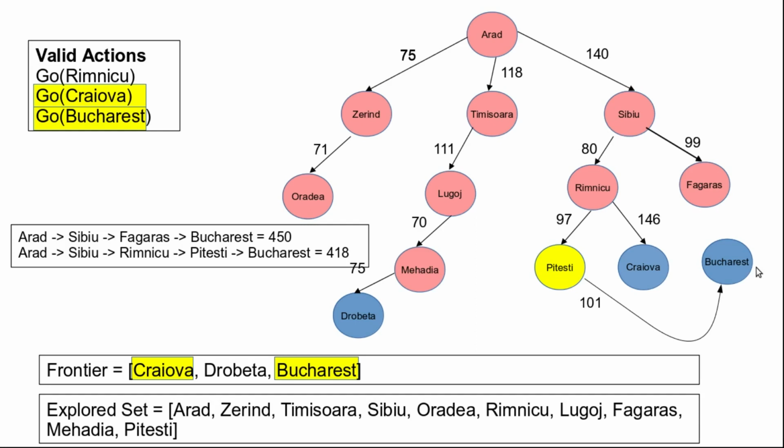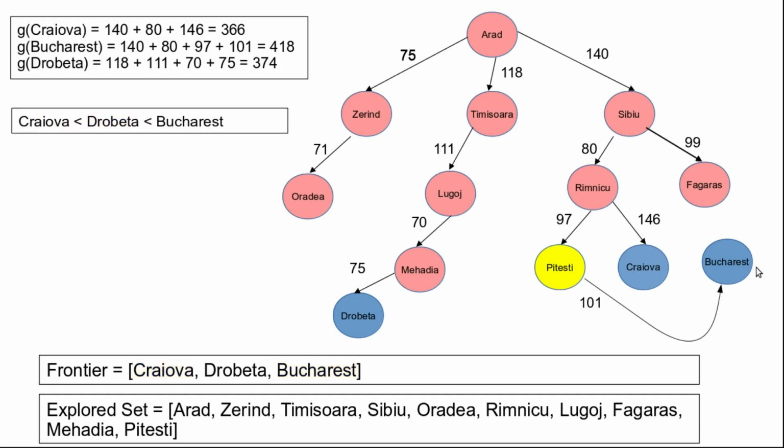So now we have to calculate the G values for the nodes in the frontier list, and the G values are 366, 418 and 374 respectively. So the order is Craiova followed by Drobeta followed by Bucharest, and hence this is the order in which they will appear in the frontier list.